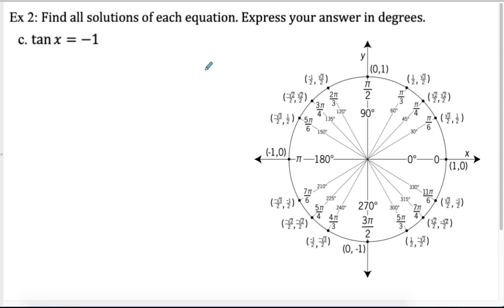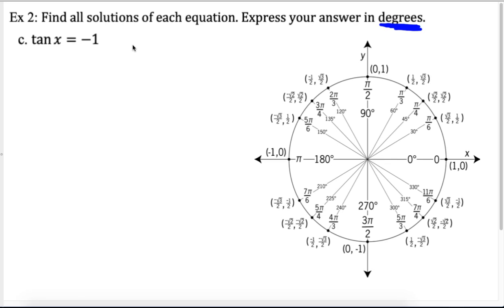In these next two examples, it's the same idea. It just says express your answer in degrees. On the unit circle, we have not really memorized the tangent values, but remember, tangent is sine over cosine. So I want to see where sine over cosine equals -1.